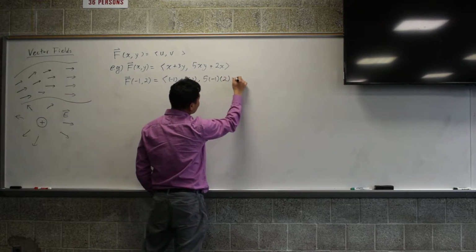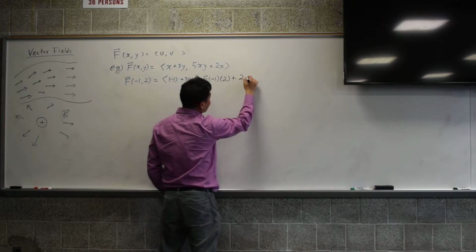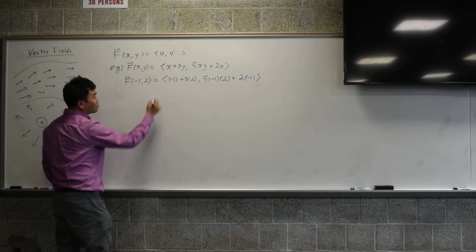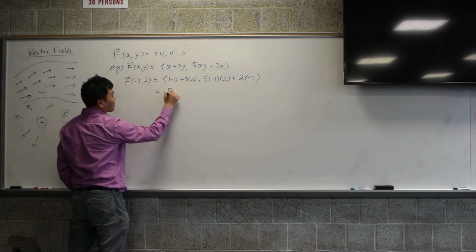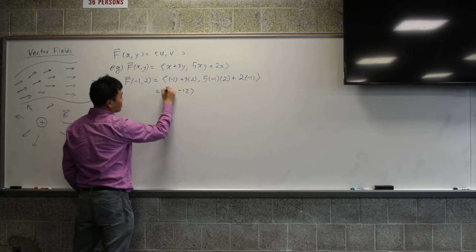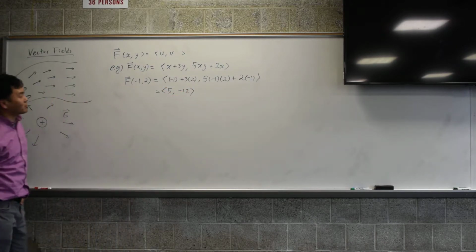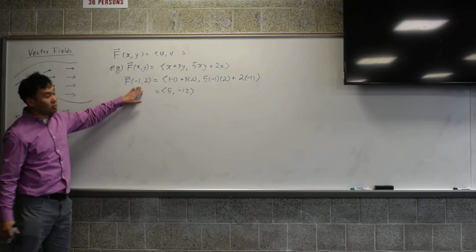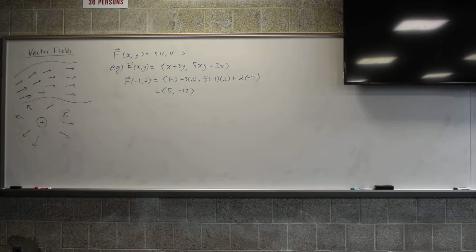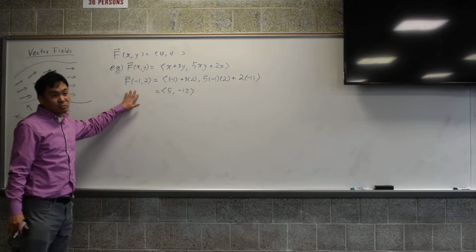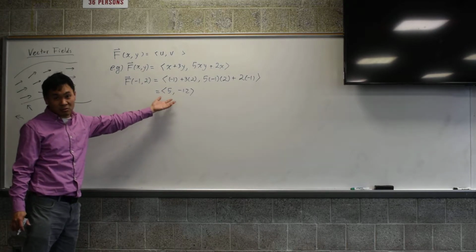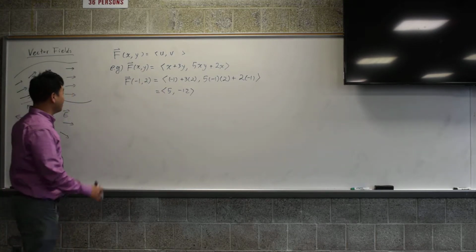There's a y, replaced by 2. There's a -1. And if you compute this, what's that? 6 minus 5, -10, -12. So 5, -12 is the vector at the location -1, 2. So that's a mathematical example of a vector field, which is very easy to understand. You plug in two numbers, it gives you back two numbers. That's a two-dimensional vector field.